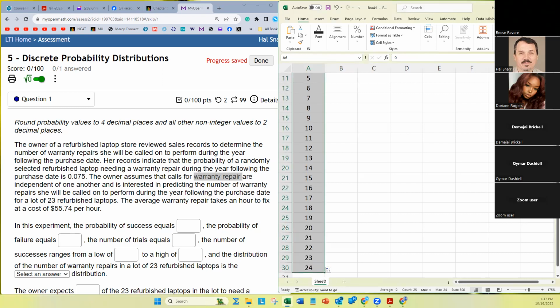Is it possible that 24 of these 23 laptops will be warranted? I only have 23 in my lot, right? Is it possible that in the lot of 23, 24 will need a warranty? Is that possible?